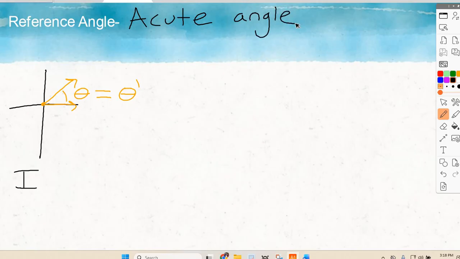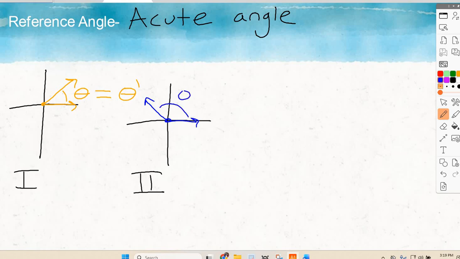Because then, if we're looking at my second quadrant, so this is quadrant 2, do we have an acute angle in our second quadrant? No. Is that angle an acute angle? No. It's an obtuse angle now. Well, we want to find the acute angle that references, again, we want to reference one of our first quadrant angles.